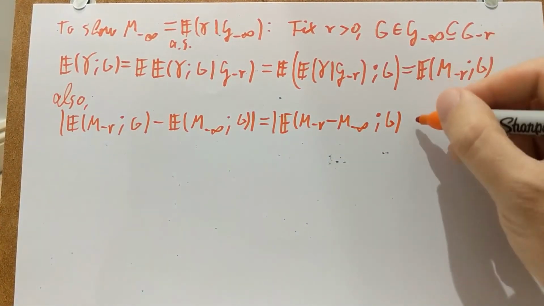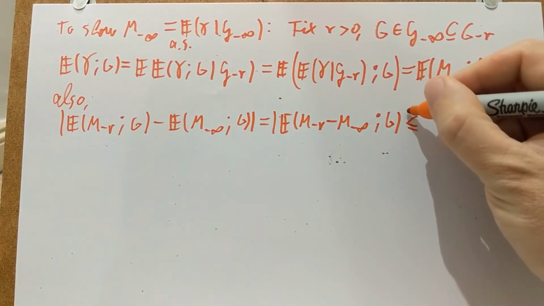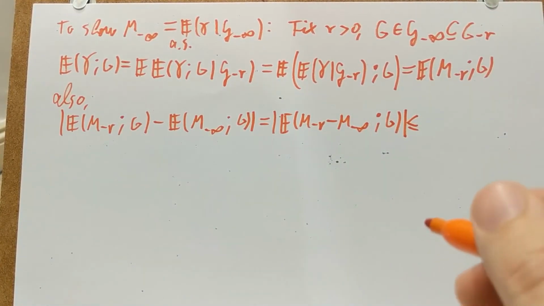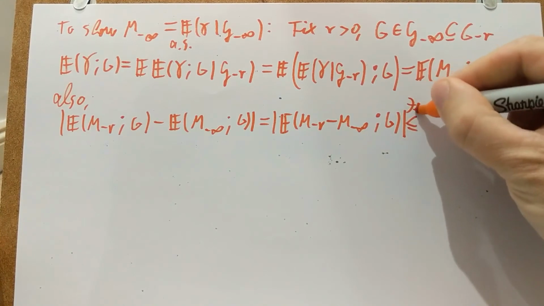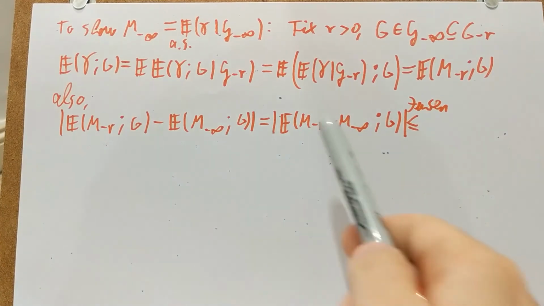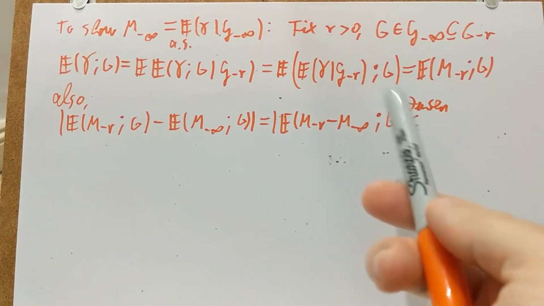which is of course smaller than or equal to, and I have a mod here, well, I do two things. First, I'm going to use Jensen to bring the mod inside the expectation. The mod is convex, so the mod of the expectation is smaller than or equal to the expectation of the mod.